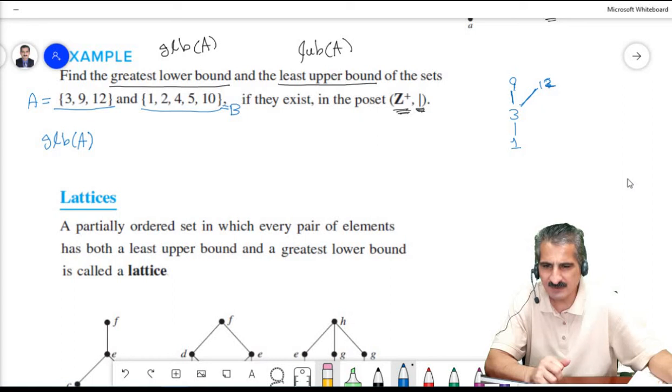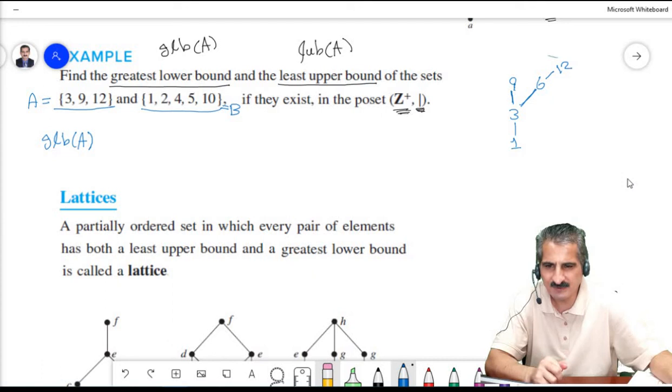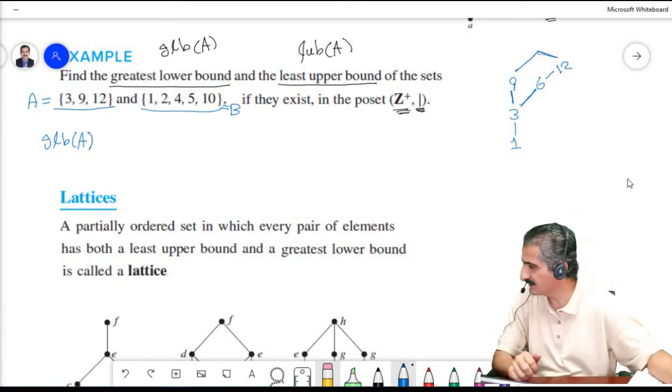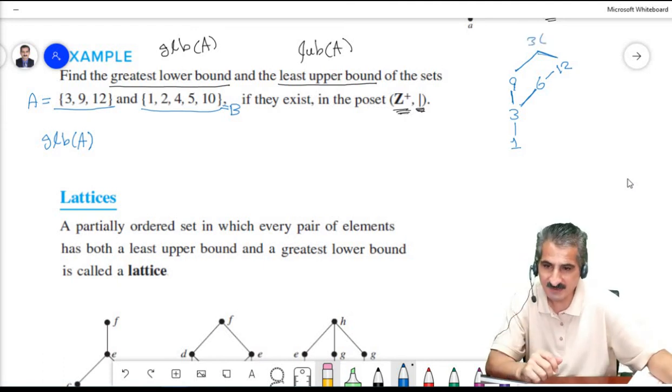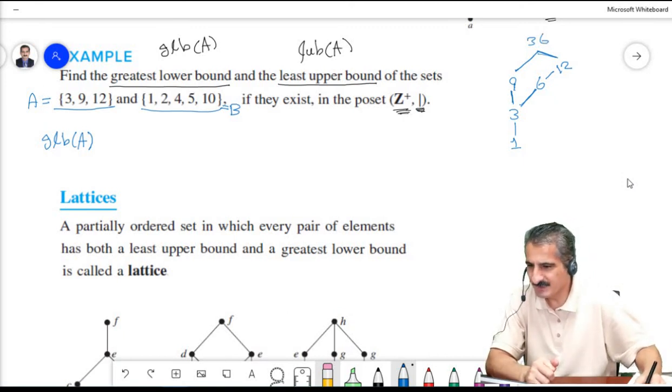And in between 3 and 12 we have 6, and then we have 12. Above 12, what is greater than 12 and 9 at the same time, which means what is the least common multiple of 12 and 9? It is 36.